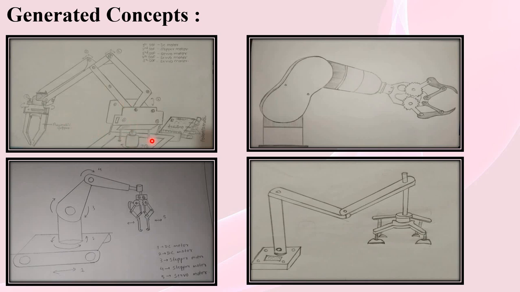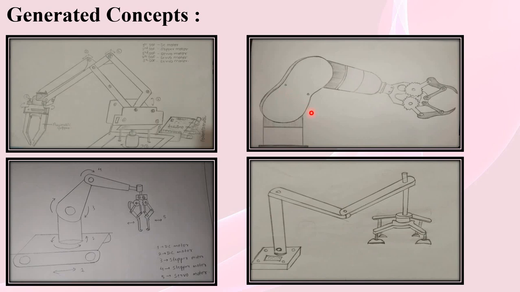This is the first degree of freedom, the 360 rotation is the second degree of freedom, one arm movement is the third degree of freedom, this is the fourth degree of freedom, and the gripper is the fifth degree of freedom. The motors used are a DC motor for the first degree of freedom, a stepper motor for the second, and servo motors for the remaining 3 degrees of freedom.